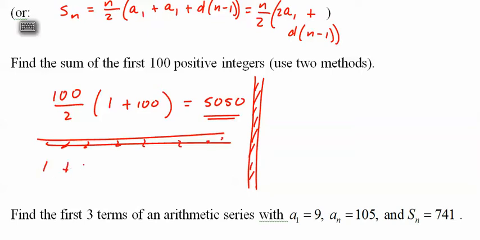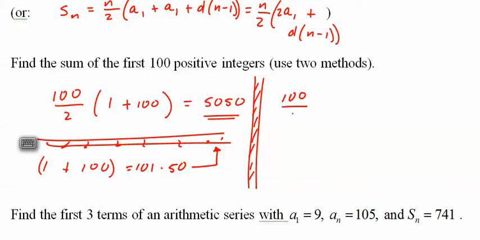Gauss just pointed all this out. 1 plus 100 is 101, and then he realized there's 50 pairs times 50, and that's what we just did. So the other way is 100 integers divided by 2, times 2 times 1, that's the A1 value, plus the difference, 1 times 100 minus 1.